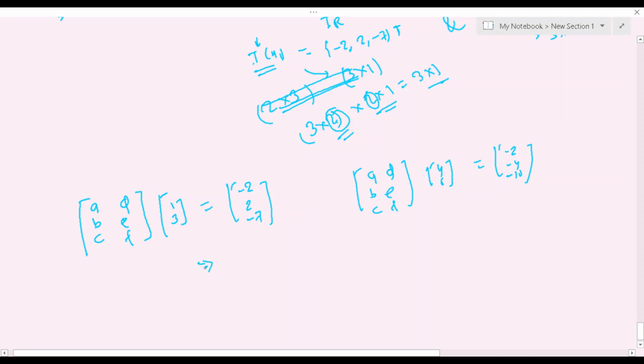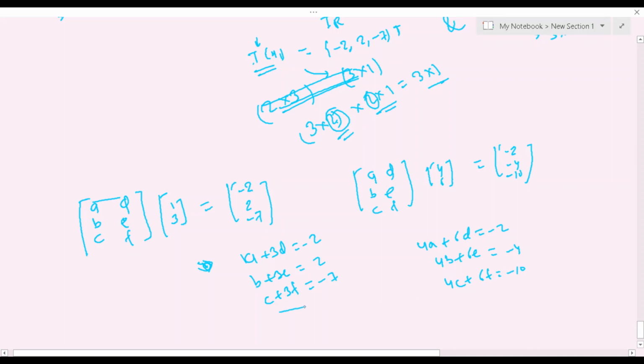If you solve this, let me do one for you. Like this, A plus 3D is equal to -2, B plus 3E is equal to 2, and C plus 3F is equal to -7. Similarly here, 4A plus 6D is equal to -2, 4B plus 6E is equal to -4, and 4C plus 6F is equal to -10.